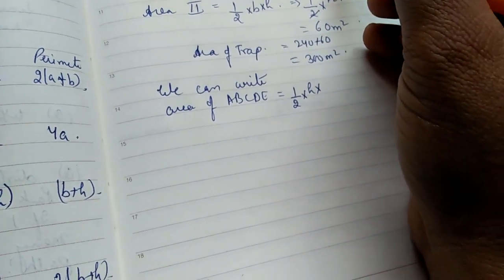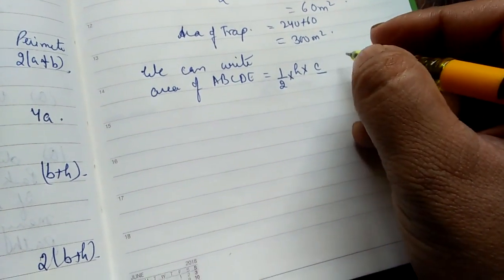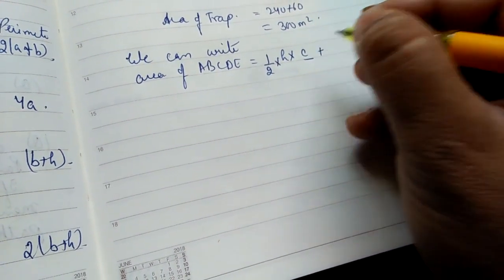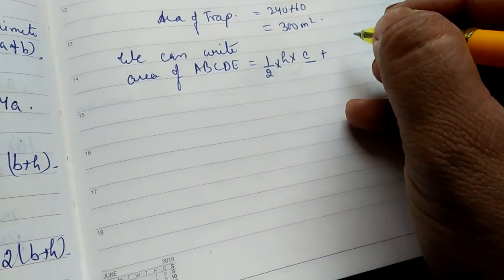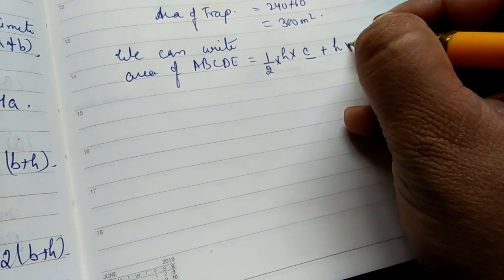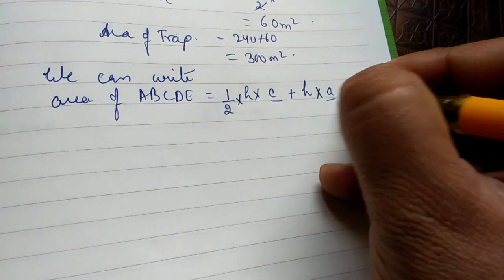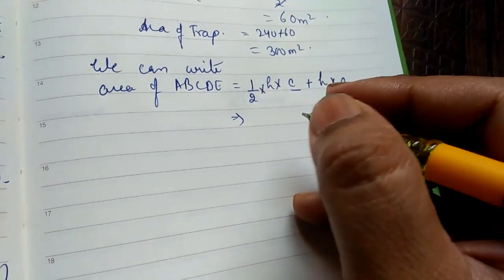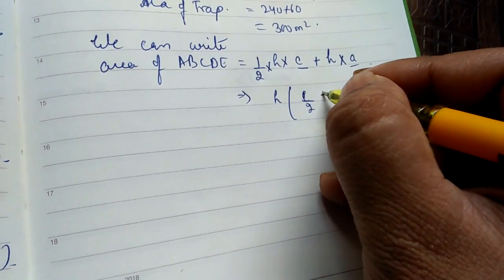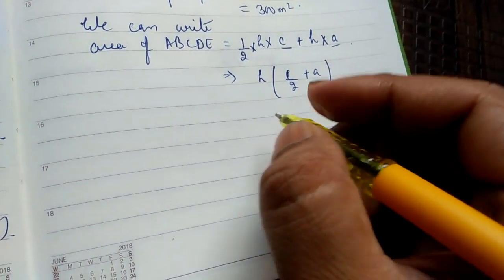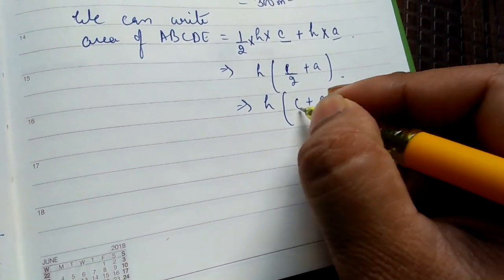Let's for the time being keep base as C, plus height into width, which is A. Okay, so taking h common, we have h into C by 2 plus A, which is (C plus A) by 2.